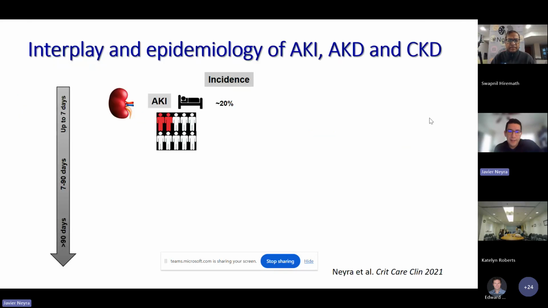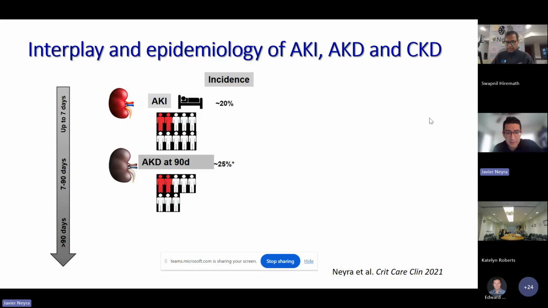So as you know, AKI is a frequent problem in the hospital. Approximately 20% of patients develop acute kidney injury. Of course, if you are in the ICU, these incidences go up to about 50%. Some of these patients will develop acute kidney disease, which has been recently defined as the persistence of AKI beyond 7 days, in this window of 90 days from AKI onset.